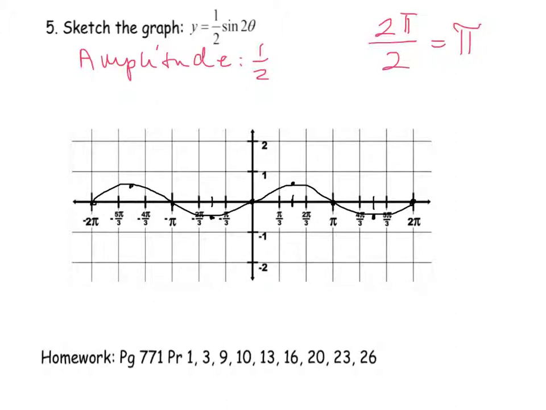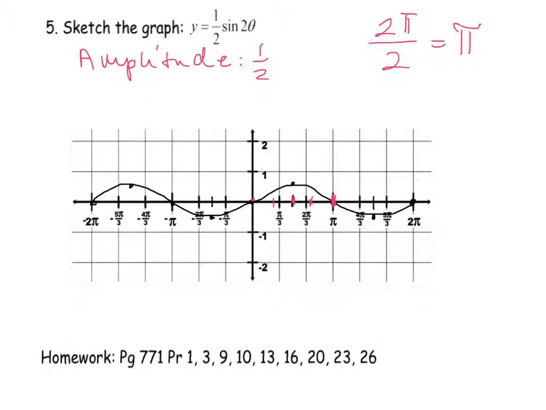And after this, I need to shrink the graph to half as long. So I need to shrink it to a period of pi. So here is going to be my last point. If I take the half of that, it is right here, and the half of that is here and here.